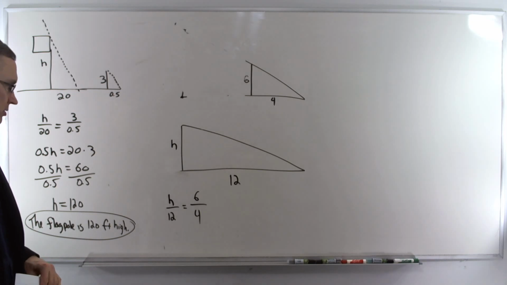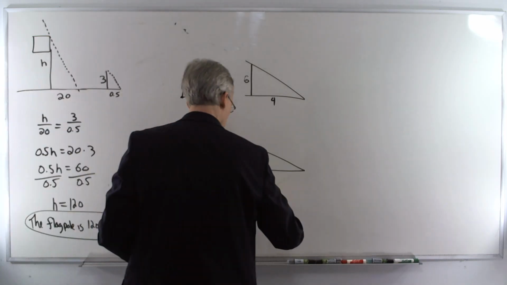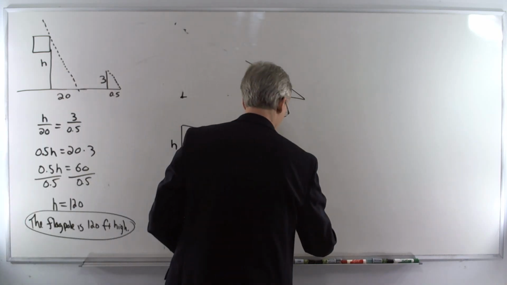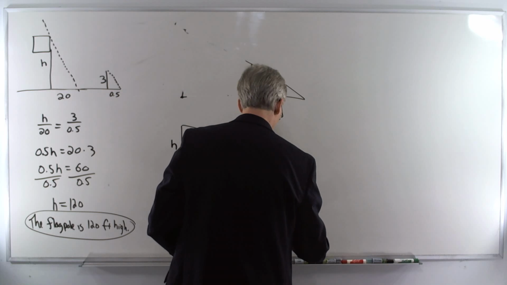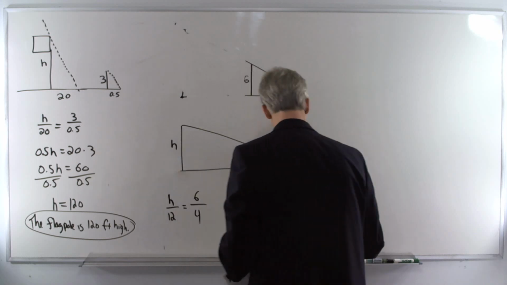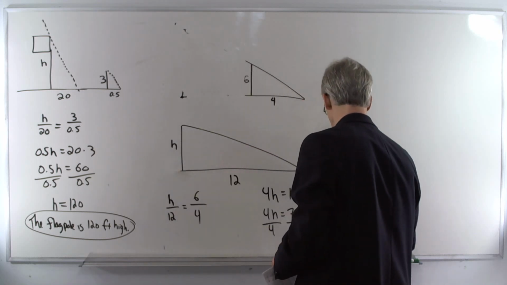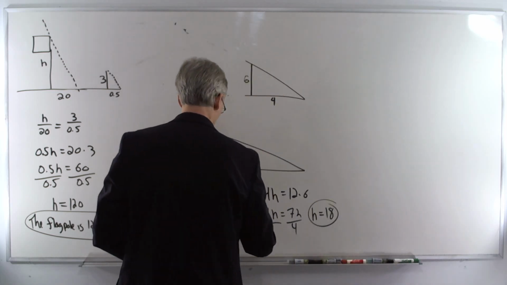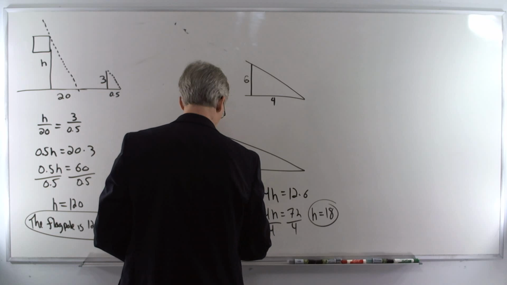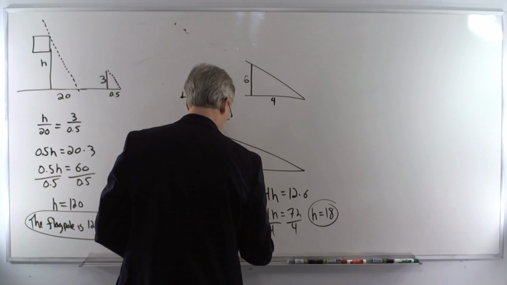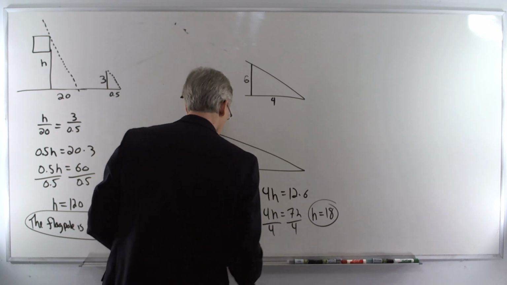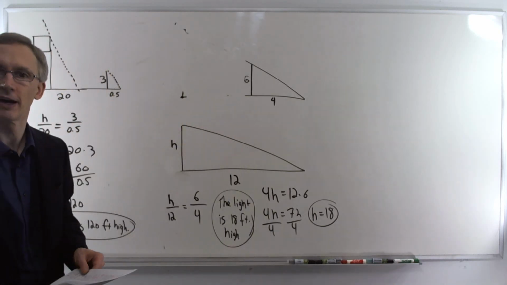Now let's solve this proportion. h times 4, that's 4h equals 12 times 6. Solve that proportion, we get a light that is 18 feet high.